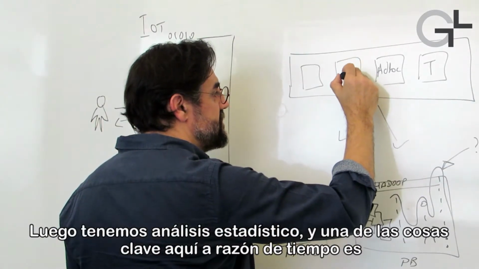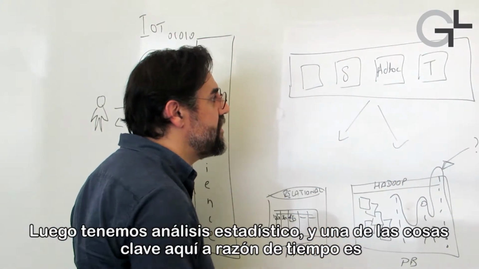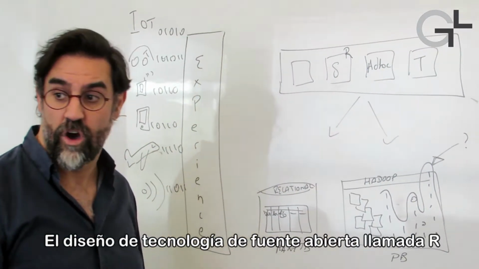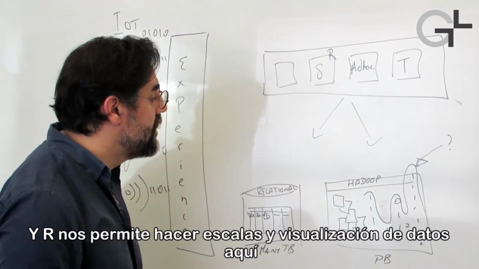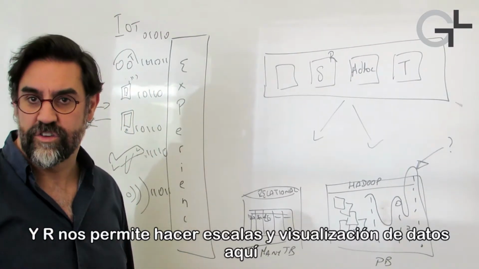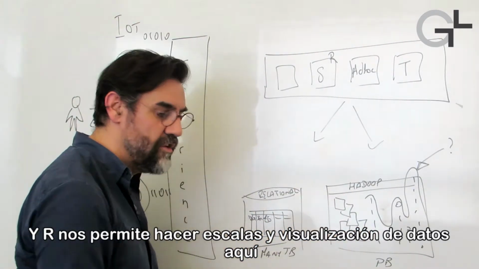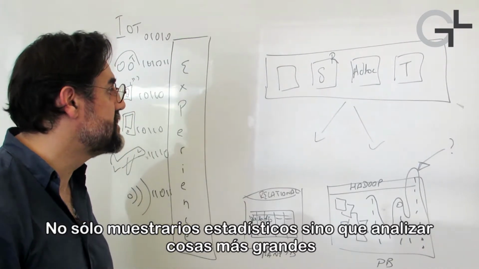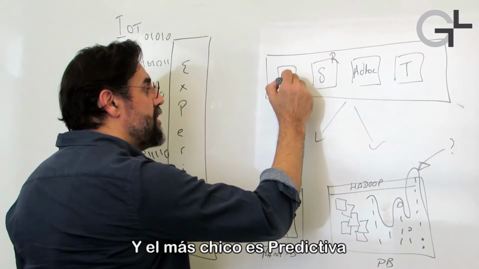Then we have statistical analysis, and one of the key things here in recent times is the development of open source technology called R. And R allows us to do statistical analysis and visualization of data, not even just statistical sampling, but analysing fairly large data sets. And then the other one is predictive.